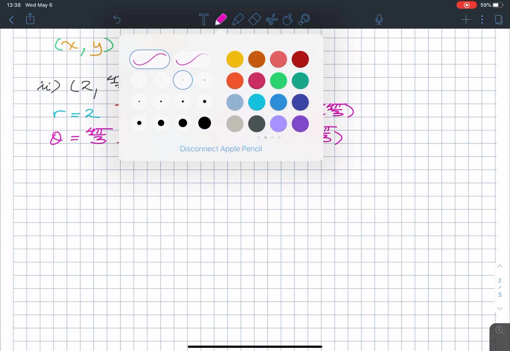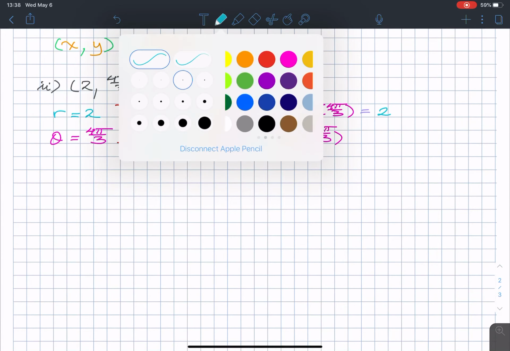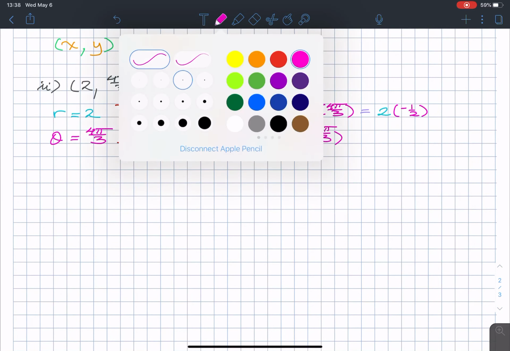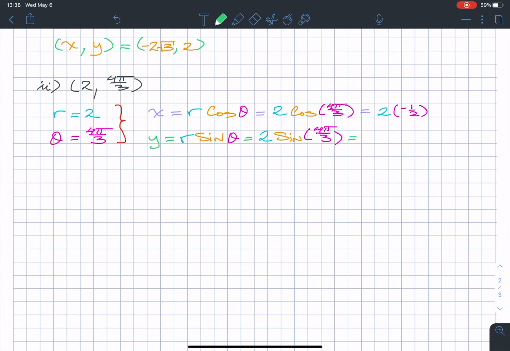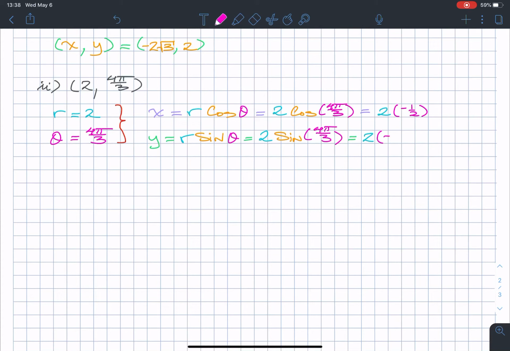Okay, so we are in quadrant, let's see, 4 pi over 3 is in quadrant 3. So both sine and cosine are negative. So this becomes 2. Cosine will be negative 1/2 in quadrant 3 at the 60 degree reference angle. And sine is going to be negative root 3 over 2.